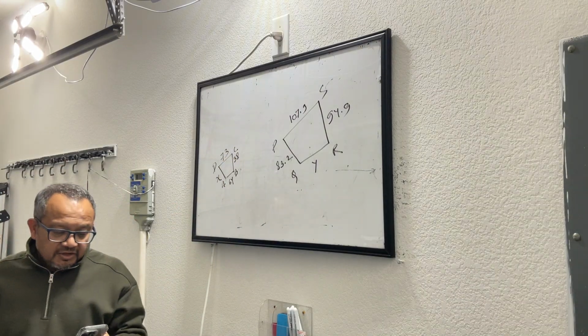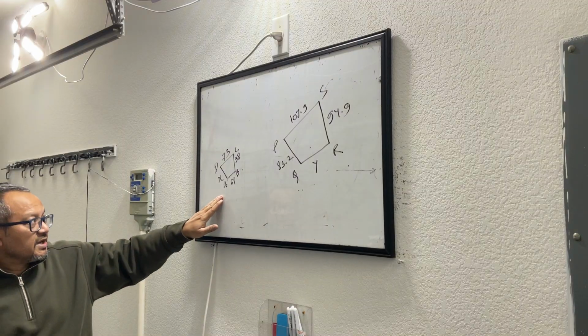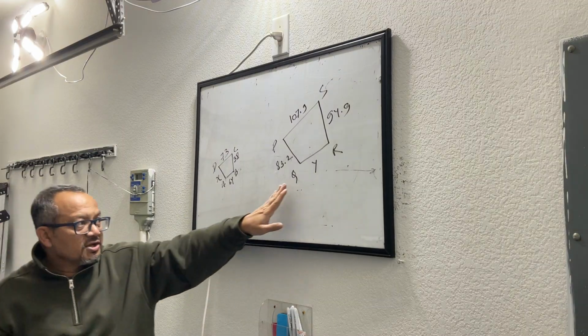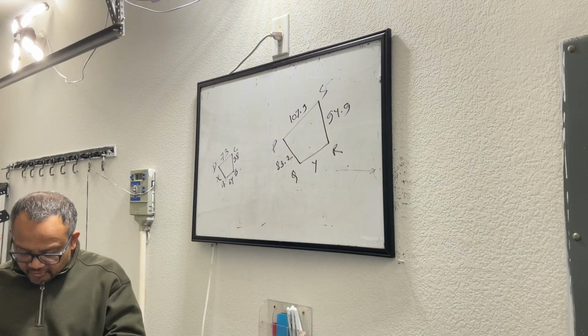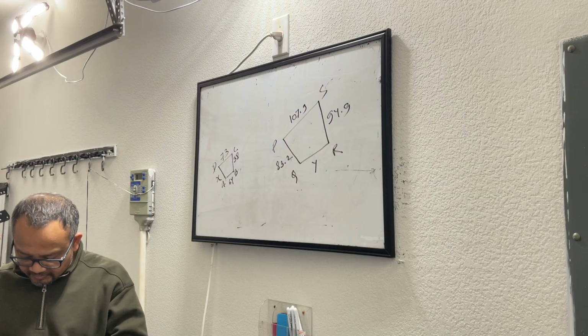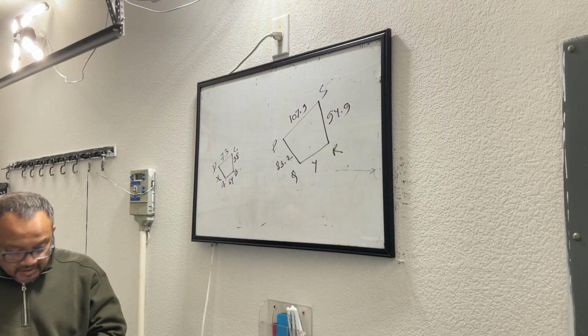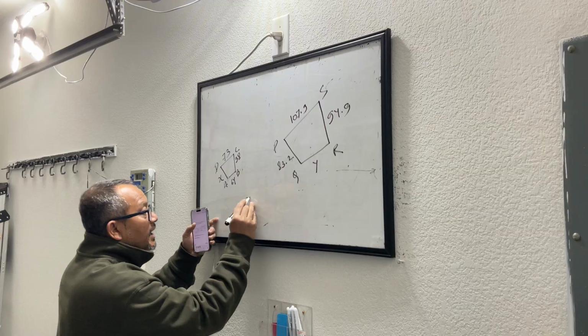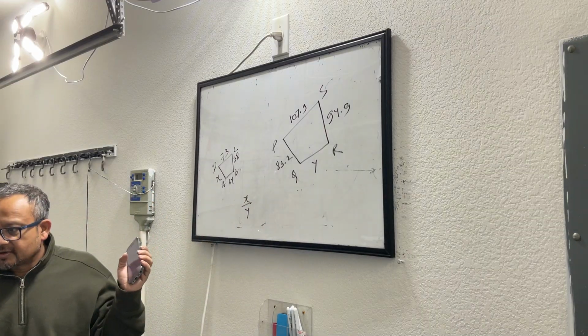Jordan dilated quadrilateral ABCD to get to PQRS. Which proportion must be true? So we define x and y. You have to find out x divided by y.